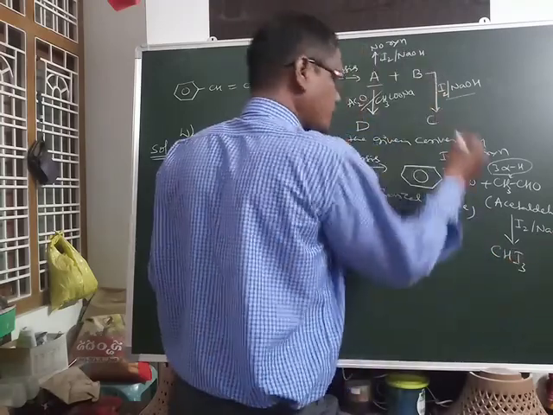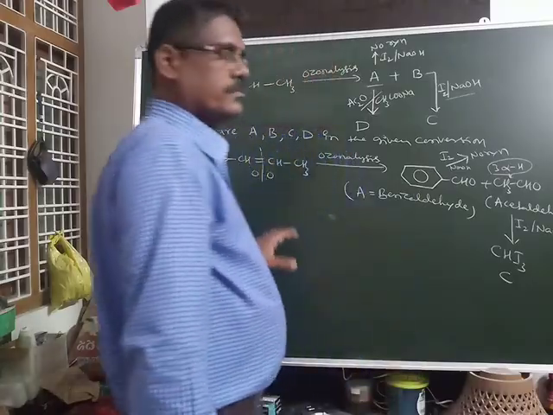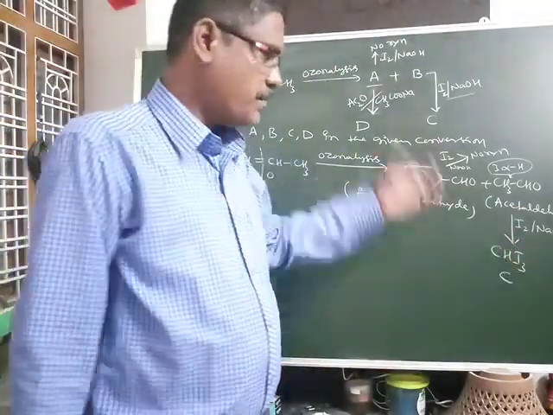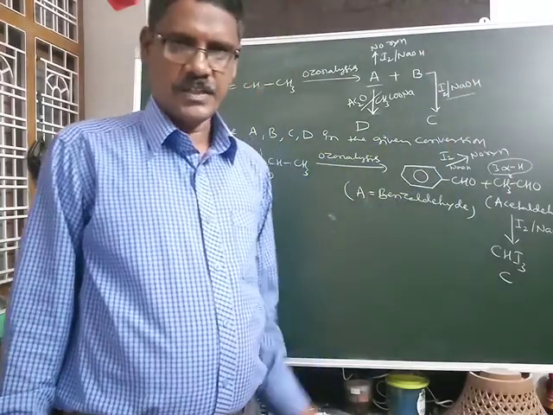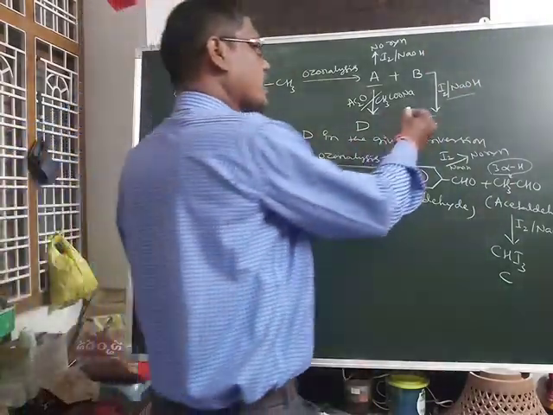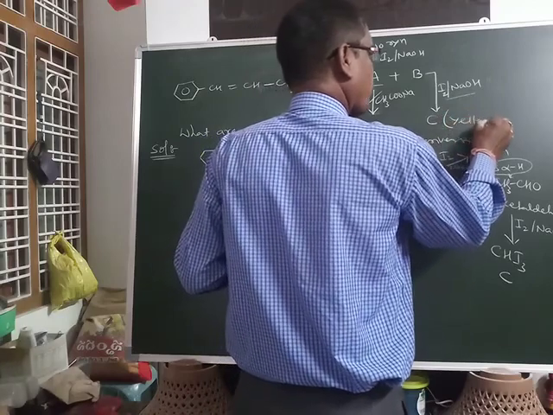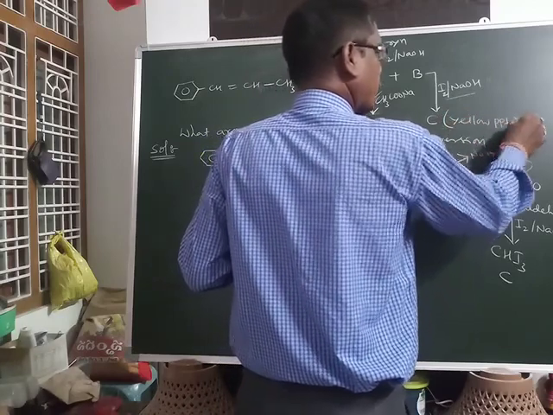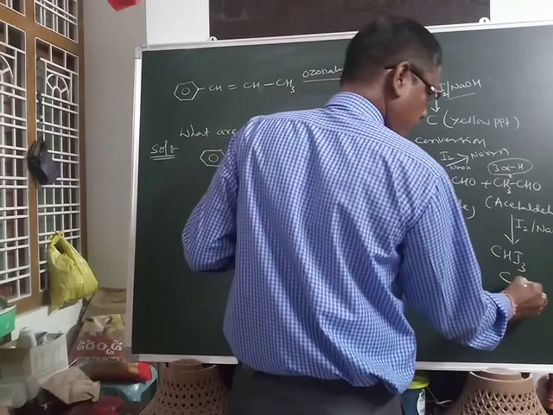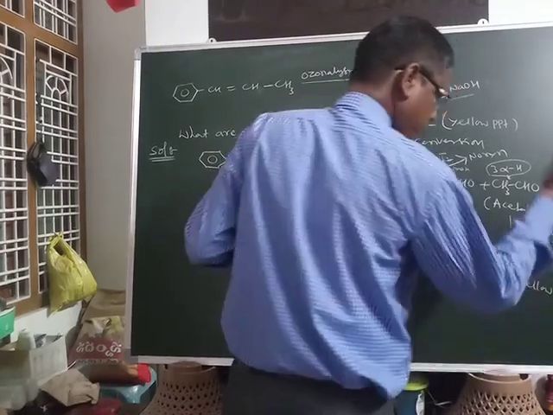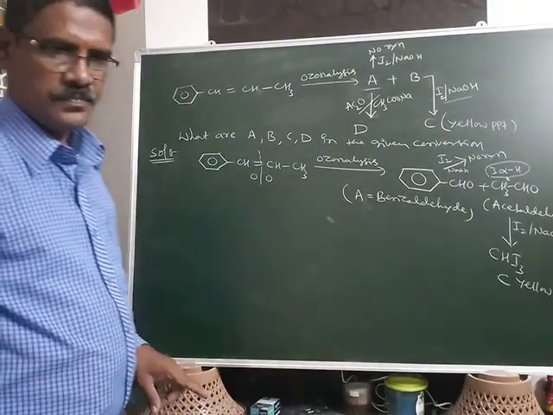So this is the C. Iodoform is the main product; byproducts are so many. The main product is iodoform. In some cases they may give yellow precipitate. That's why C is the yellow precipitate.